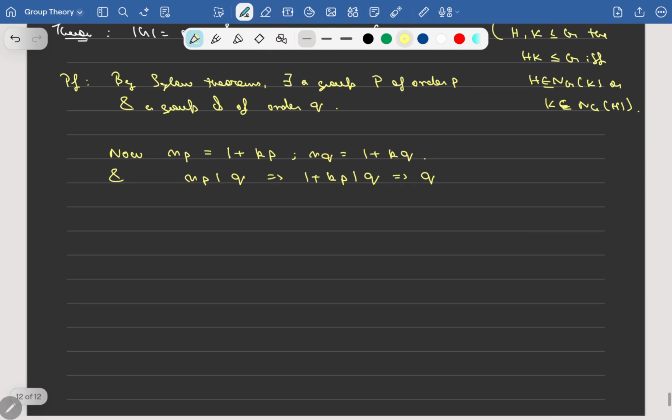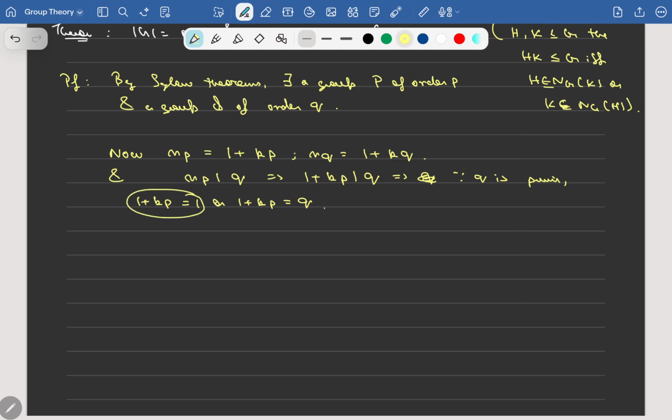Okay, so I think I have got an idea. Now, what are the only divisors of Q? Since Q is prime, 1 plus Kp can either be 1 or 1 plus Kp can be equal to Q, right?